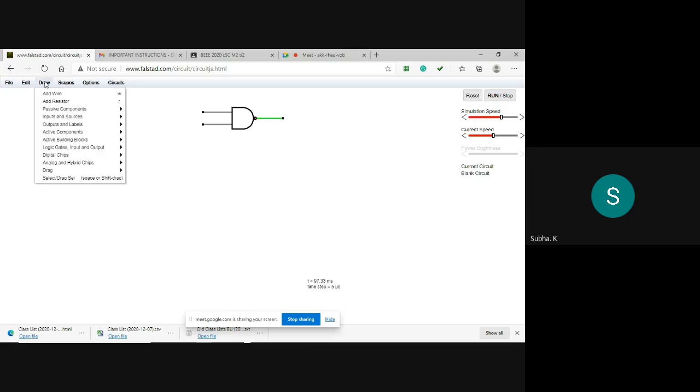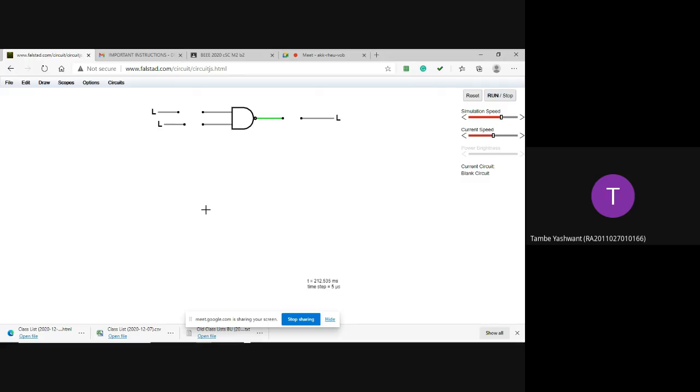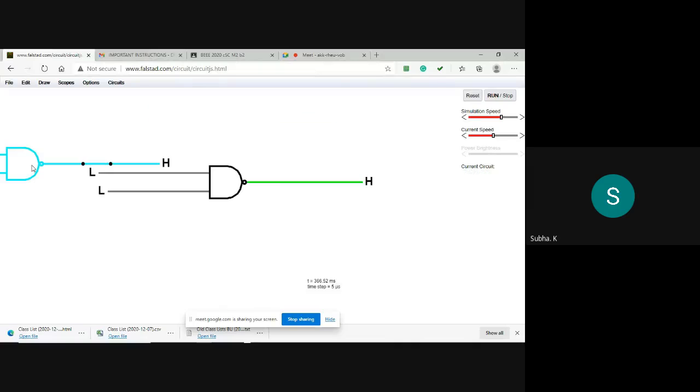So as usual, I am picking 2 inputs, connected by wire. Okay, and then you copy the circuit as usual and paste it 4 times to verify the truth table.